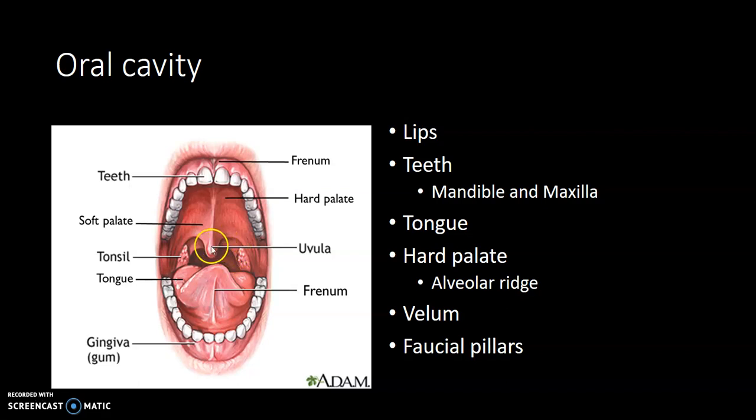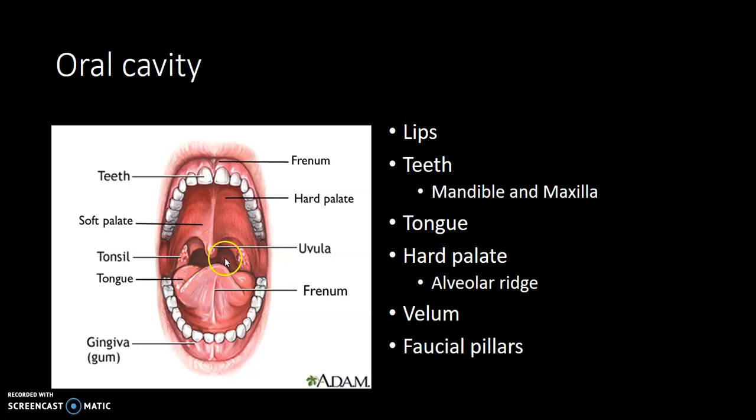So if you're looking in your mouth with it opened wide, you should see a set of arches here in the front and a set of arches in the back. What rests in between is the tonsils, and some of you may or may not have tonsils, and that's okay. You'll still have the two sets of fascial pillars. Some people may not be able to see their fascial pillars very well.